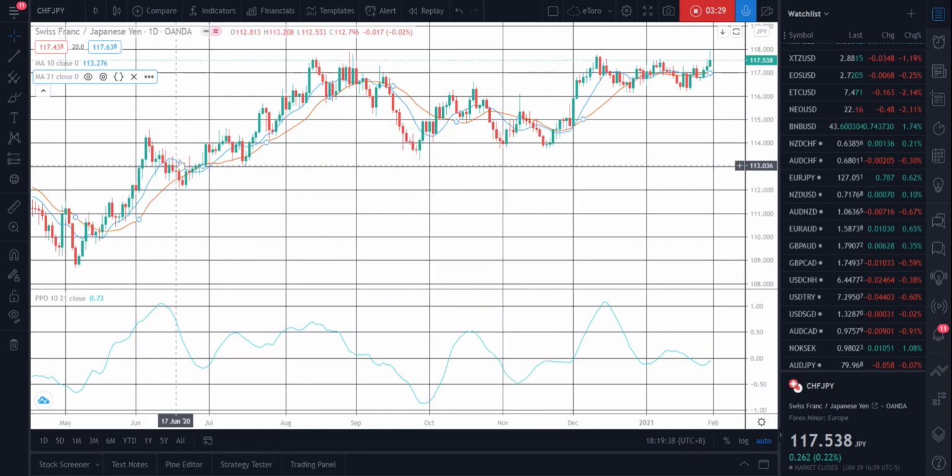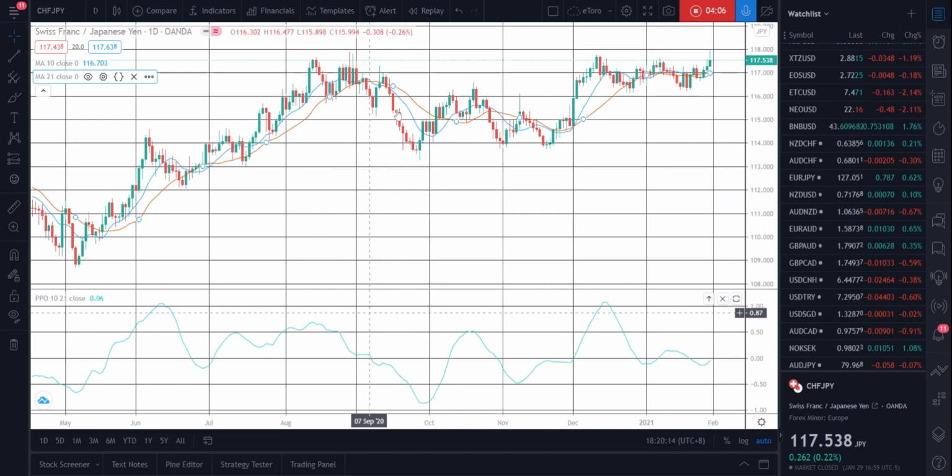Press OK. You can see here we have a zero line. Anytime the moving averages cross each other, you can see that we're crossing zero here. Let's check the next one. Here you can see again the shorter moving average goes below the long-term moving average, and the price oscillator indicator just goes below.